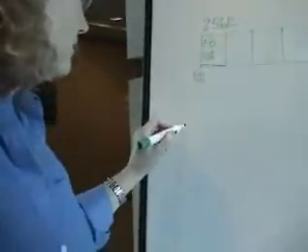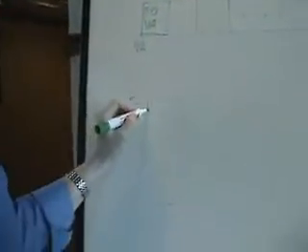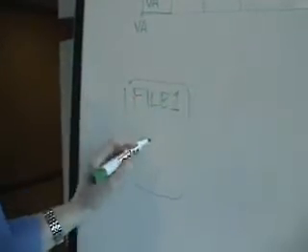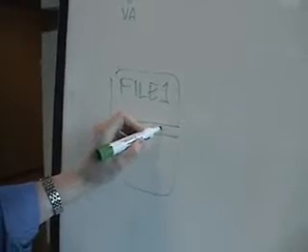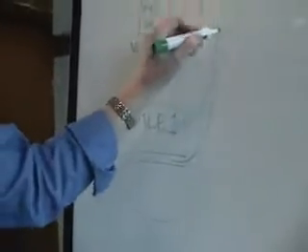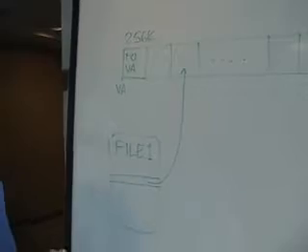So say you have file 1 and you only are touching this portion of the file. It's represented essentially by, we map this to some section of our VA space.